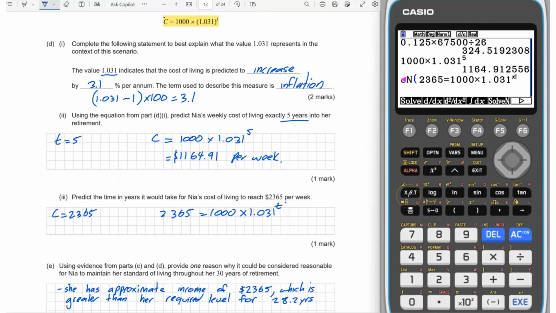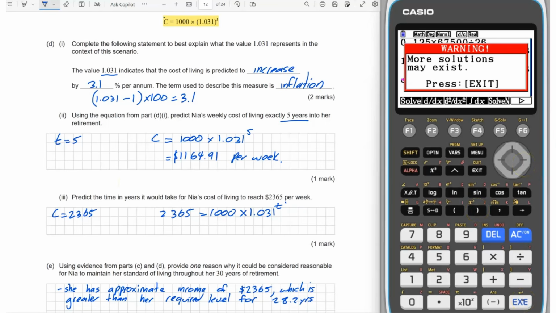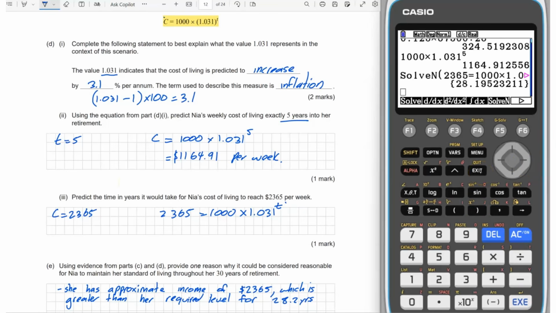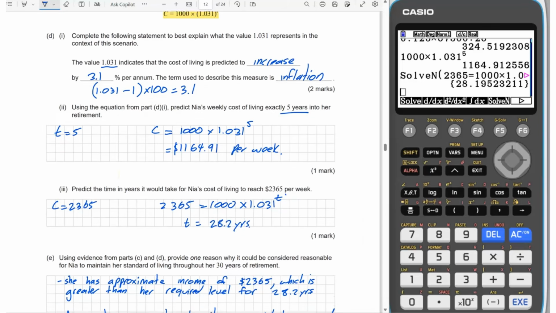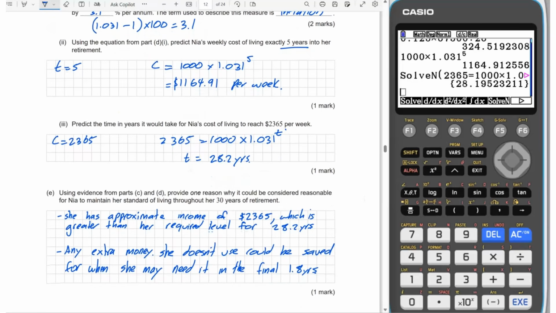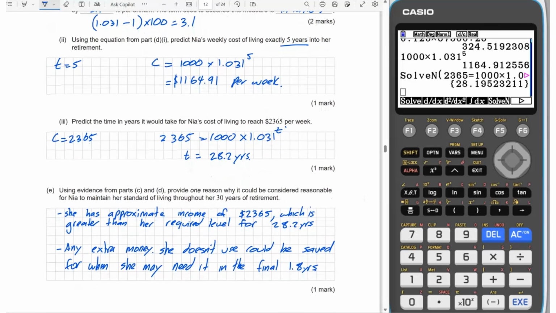You've got to use the x button because that t is a different t altogether. Okay, and it turns out that t is equal to 28.2 years. So it's going to take 28.2 years for her cost of living to reach $2,365 per week, given inflation.